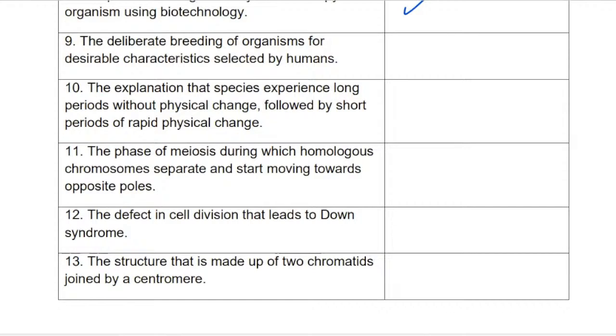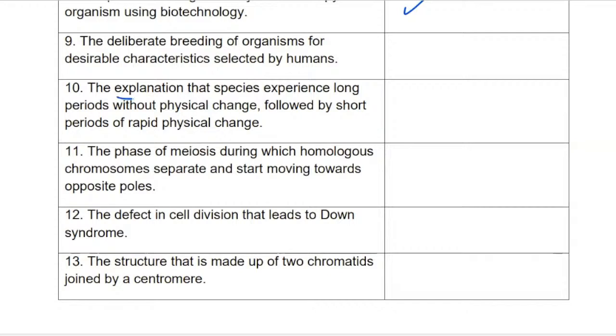So if you have any question, you let me know. I'm going through this as you also do that, so that when I say something, you get it right. Make sure that before I say the answer, you also do the same. Hey guys, don't forget that you are focusing for a distinction. Then the deliberate breeding, so we are done with that.